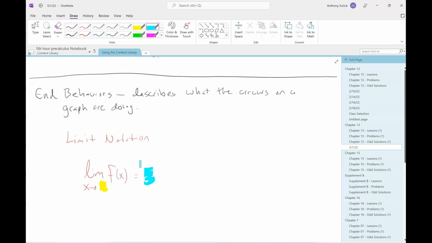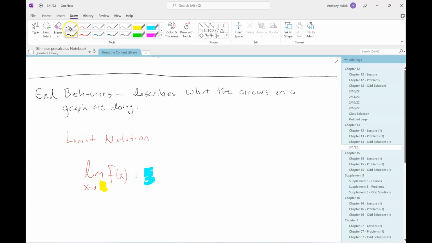Is everybody okay with that, at least as a framework? So every limit or every end behavior that we write is going to look like this. The only thing that's going to be different is the function that we're filling in for f of x, and whatever we're filling into the yellow spot and the blue spot, depending on the graph, or some other analysis that we might do. Is that okay?